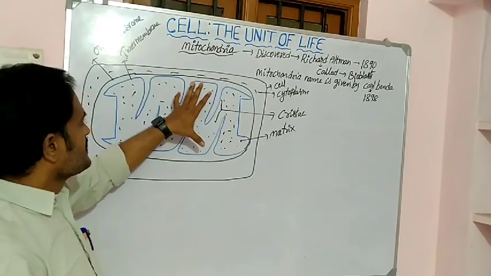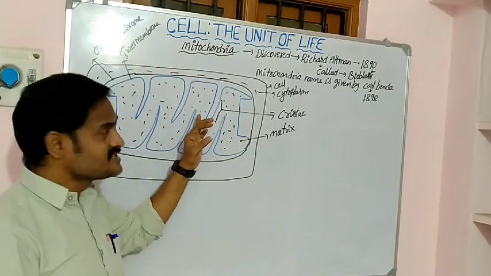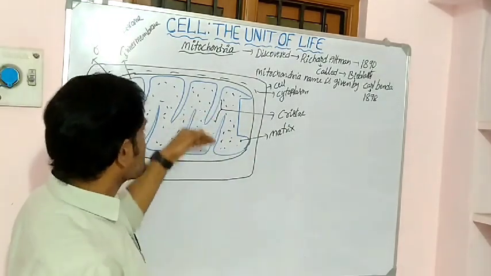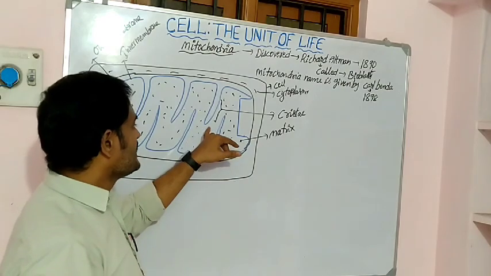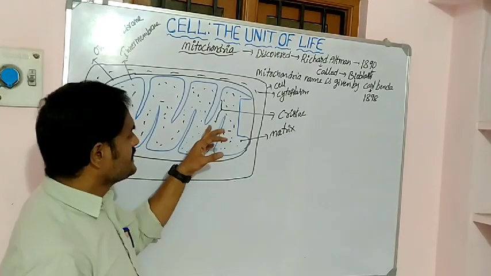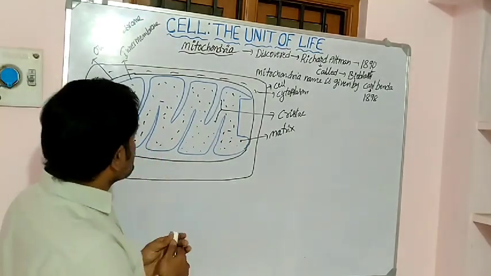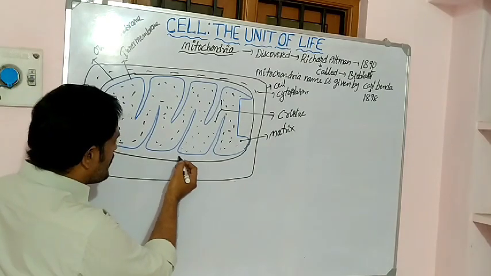Double membrane structure: outer membrane, inner membrane. The inner membrane has so many folds. Each fold is called what? Cristae. Inside the inner membrane, one fluid is present. That fluid is called what? Matrix. Then the space between the inner membrane and outer membrane.